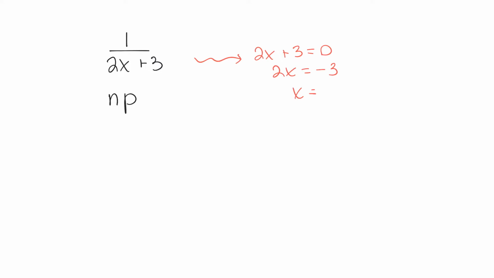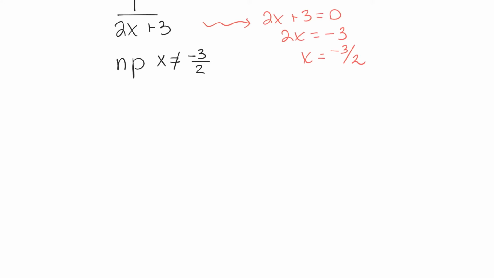So now I know that if x is negative 3/2, then it will create an undefined function. Therefore, my non-permissible value says that x cannot be negative 3/2. Make sense?